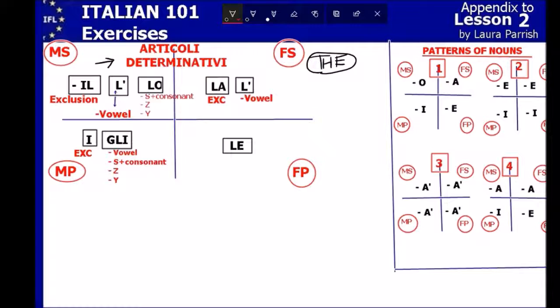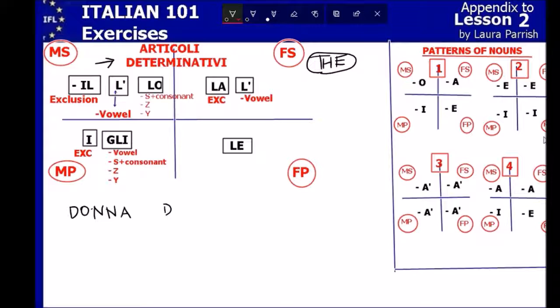So let's write down a word. For example, we have this word, donna, that means woman in Italian. The first step, step number 1, you have to decide the gender and the number of the noun.